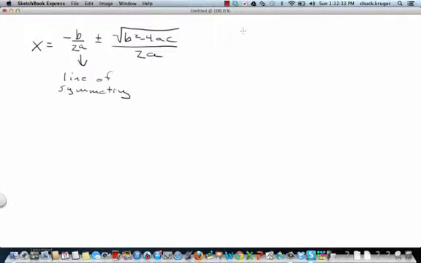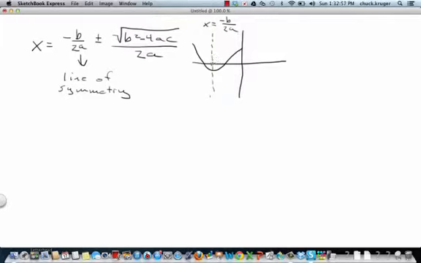So if I have something like this, and I have a parabola that dips down right here, okay, and right here is my line of symmetry. This right here is x equals negative b, or the opposite of b, over 2a.